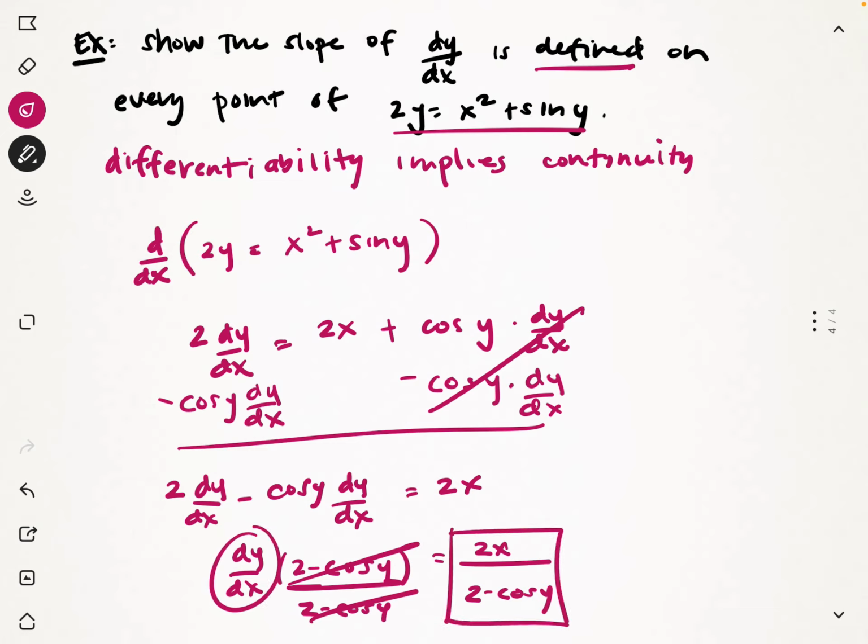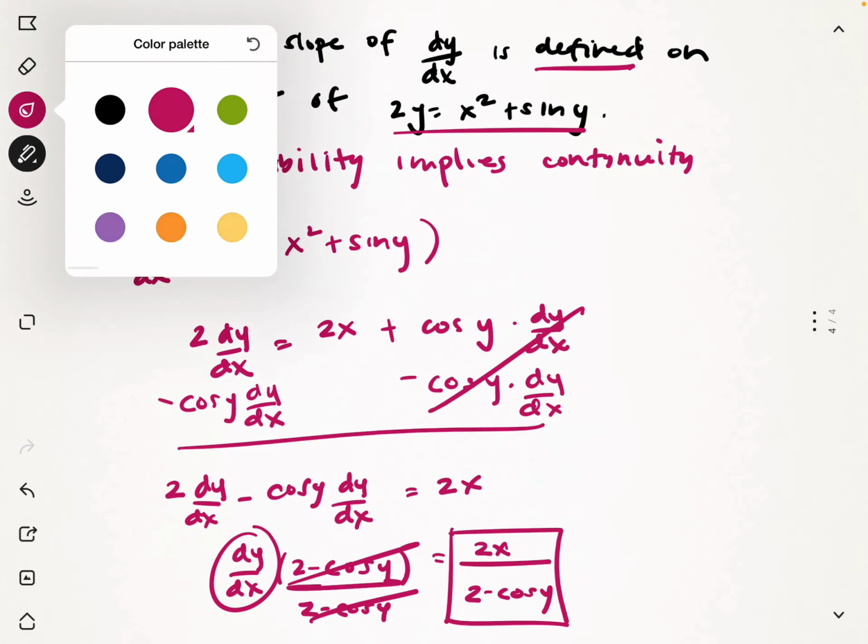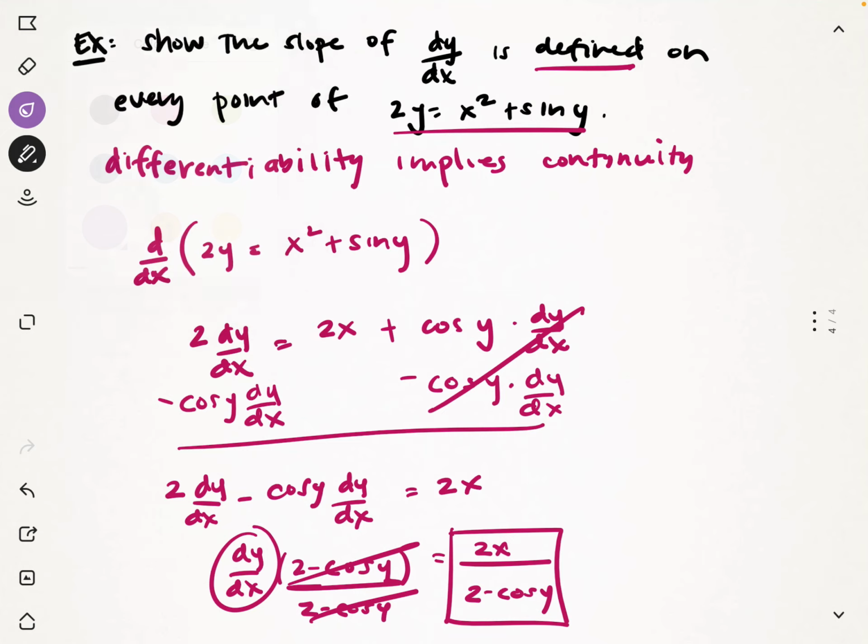We didn't get to the end yet, though. It says to show, right? So we have to explain how we know from this point that it's defined on every point. So let's think about cosine. What do we know about cosine from trig? Well, we know that the cosine can be at most 1 or at least -1.